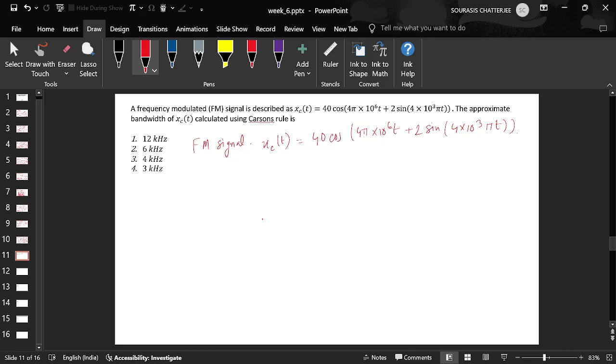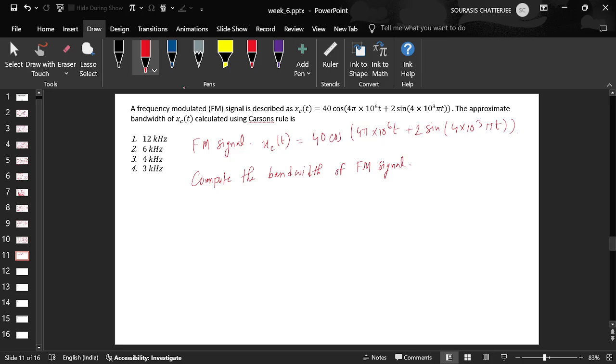So for that, let us start. We have to basically compute the bandwidth of the FM signal.